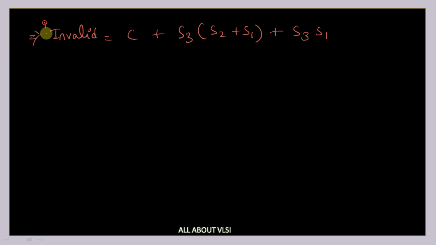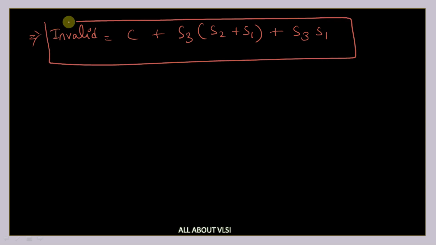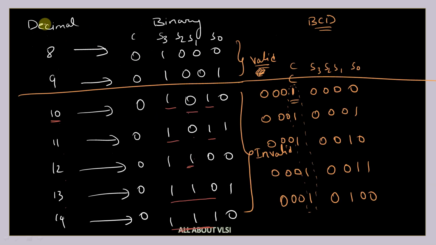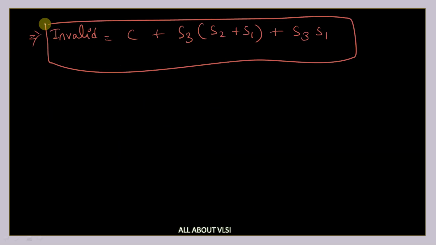This is the condition for my invalid state. From this table, I am framing the invalid condition in the form of an equation. This will become 1 whenever C is high, or S3 is high together with S1 or S2, or both, and S3 and S1 are high.